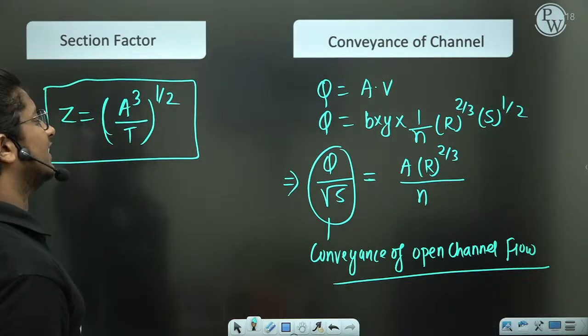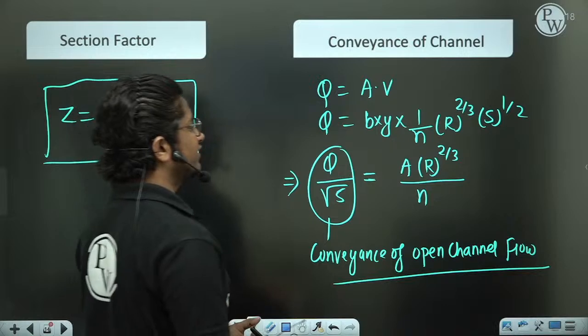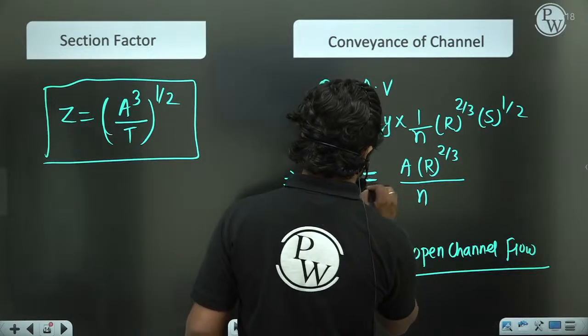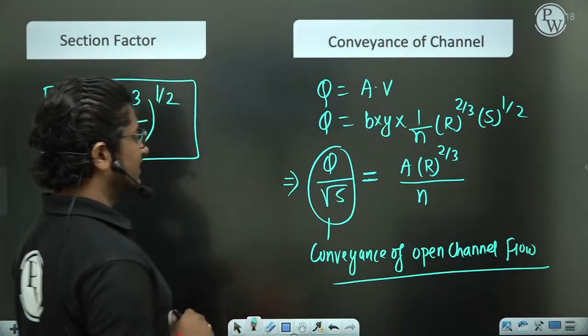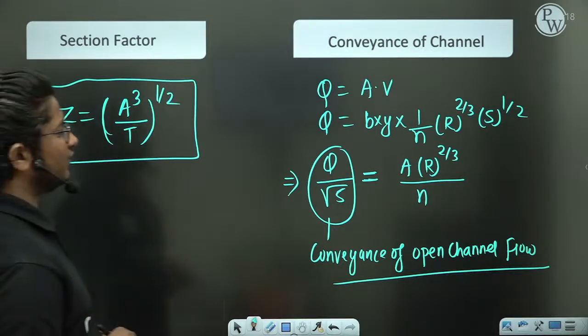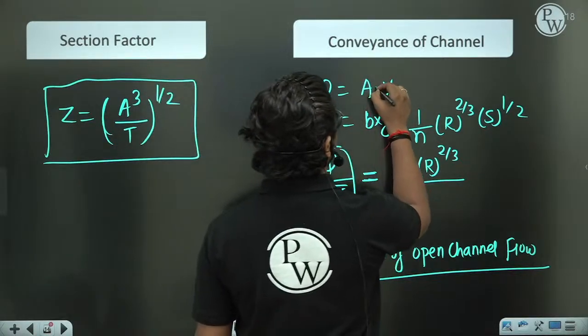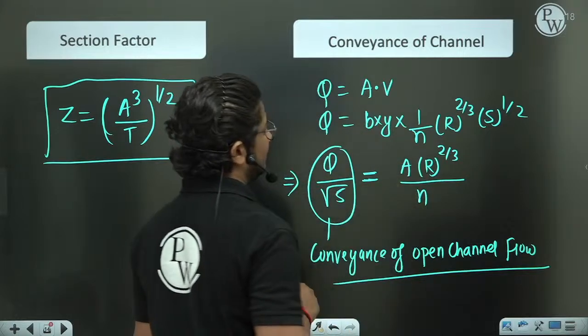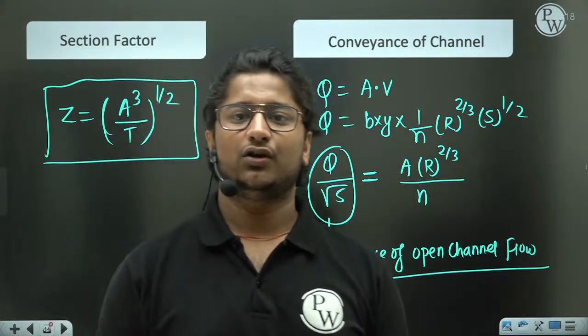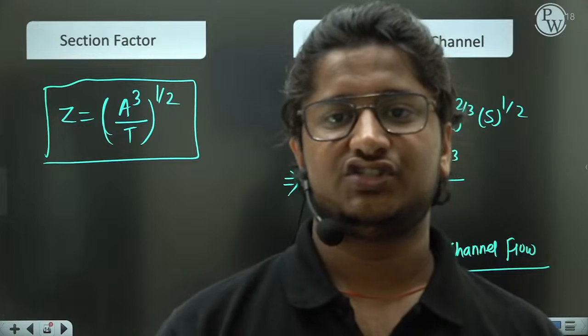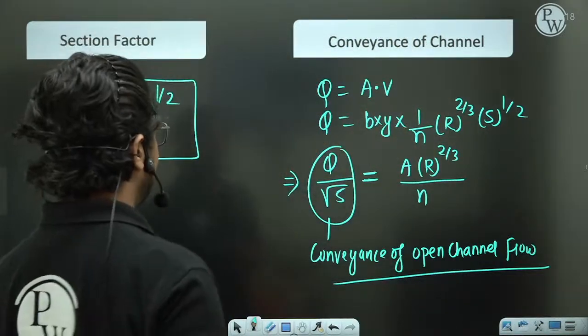So Q divided by root under S is equal to A R to the power 2 by 3 divided by N. This is something we call the convenience of open channel. Clear?